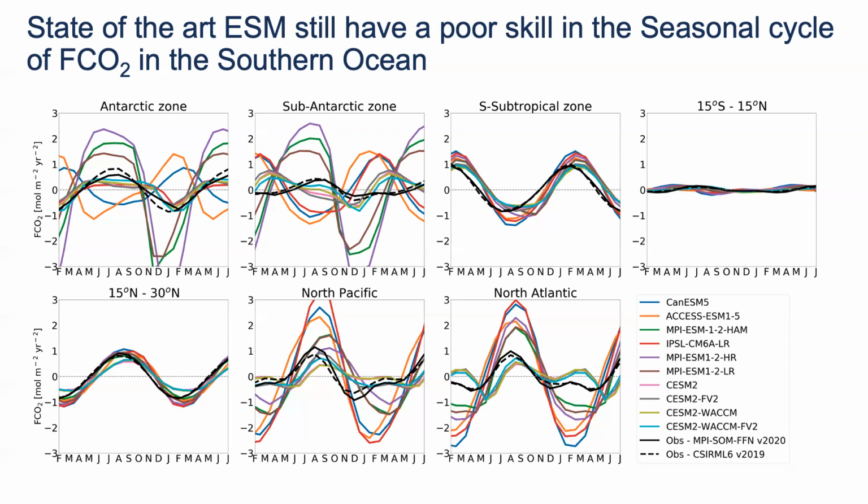The second thesis is that we're still unable to resolve this problem, not only with Earth system models, but even with ocean-only models and very fine-scale resolution models. We are still unable to resolve the seasonal cycle.